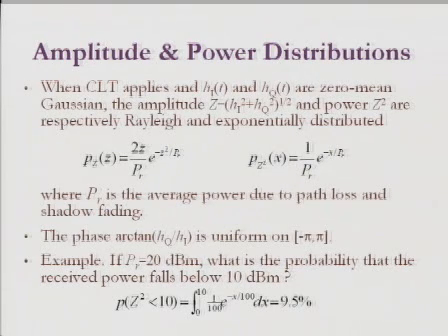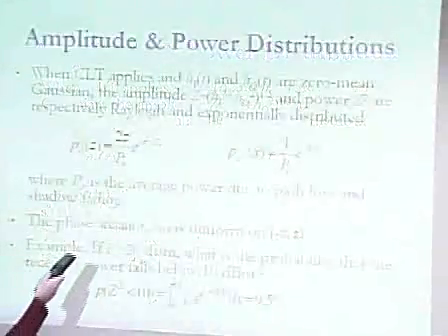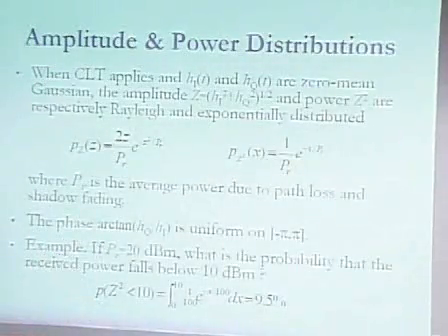So the PDF of a Rayleigh random variable looks like this. We're using z to denote the amplitude, and so the PDF of z is given essentially by an exponential of minus z squared. Let's go over each quantity. P_r is the average power due to path loss and shadow fading.